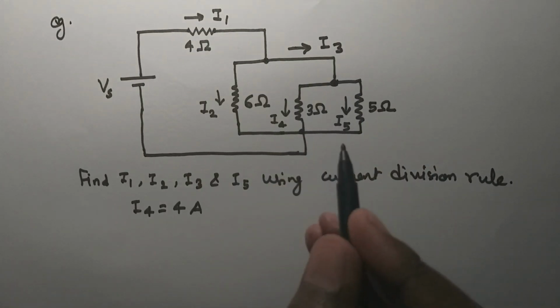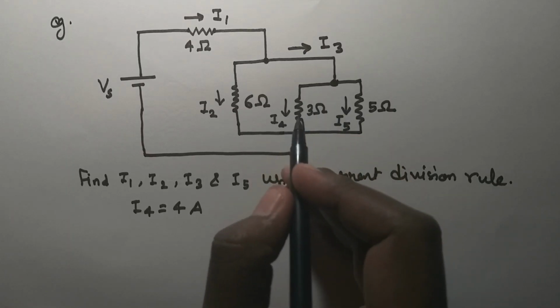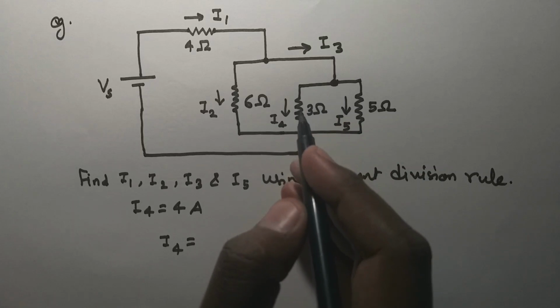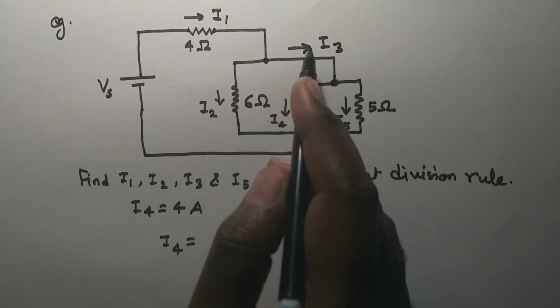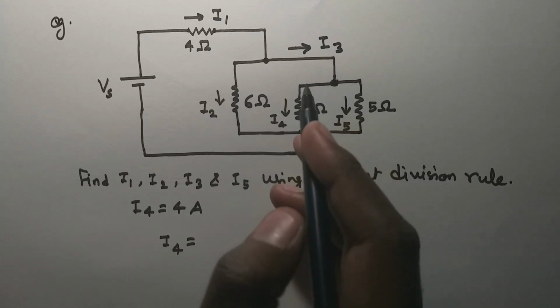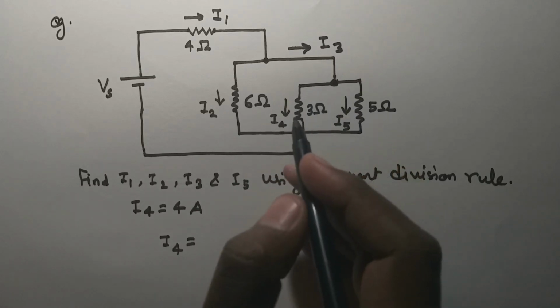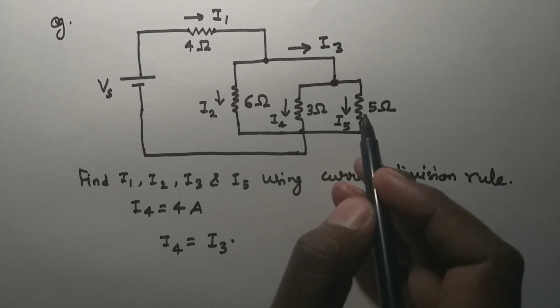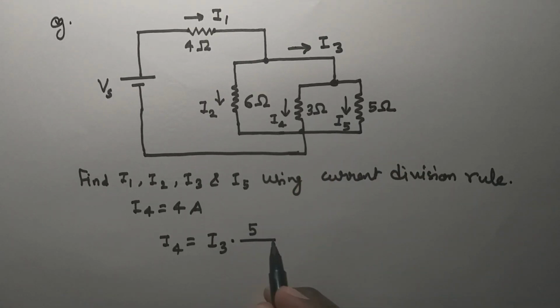So if we recall the current division rule at this point, then I4 will be equal to, using the current division rule formula, this total current is I3 and it is getting divided into I4 and I5. So I4 will be equal to total current, which is I3, into adjacent branch resistance, means 5, divided by sum of both the resistances, means 3 plus 5, which is 8.